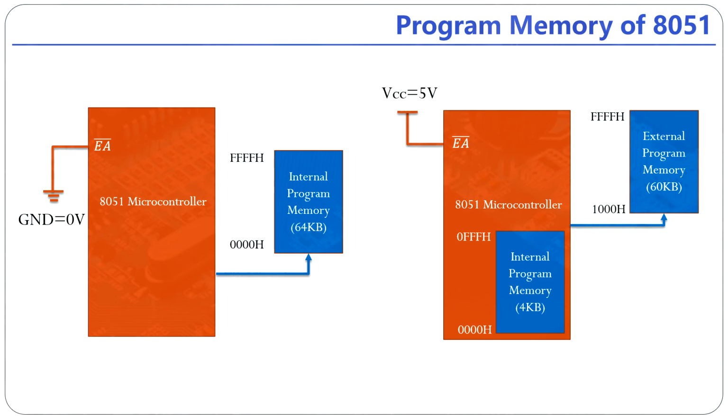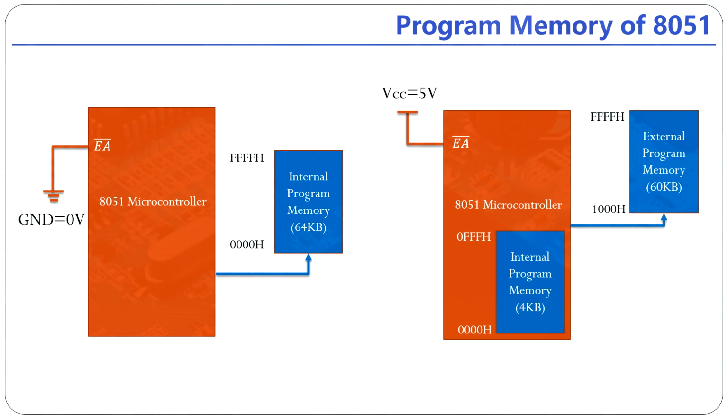After that, if more memory is required, the microcontroller automatically accesses external program memory, that is starting from address 1000H up to FFFFH. Okay. So the key idea for this: EA equal to 0, that means only external memory is used.